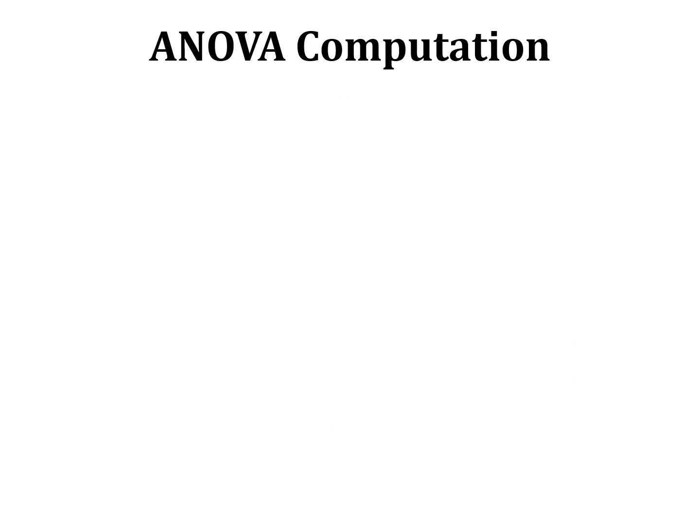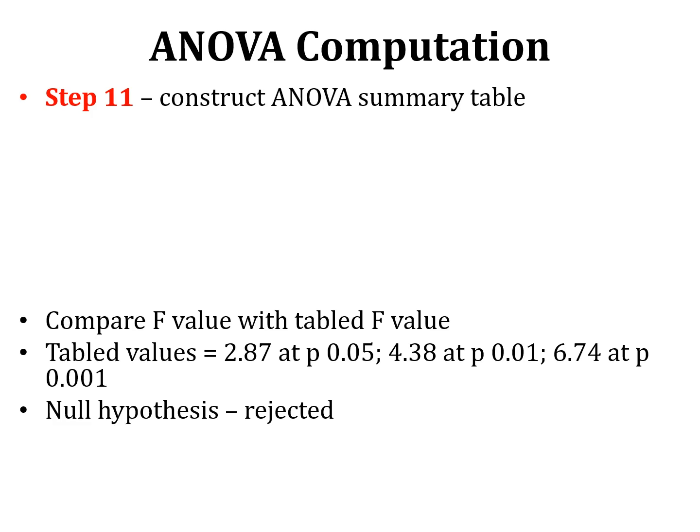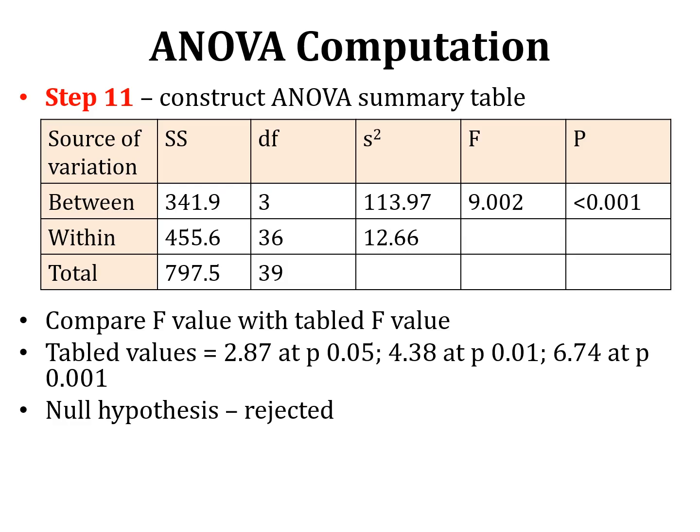Similarly, we check the f values for the 0.01 and 0.001 levels. Now we compare the calculated f value with the tabled f value, and we find that our null hypothesis is rejected.